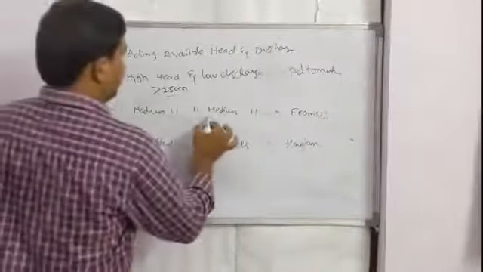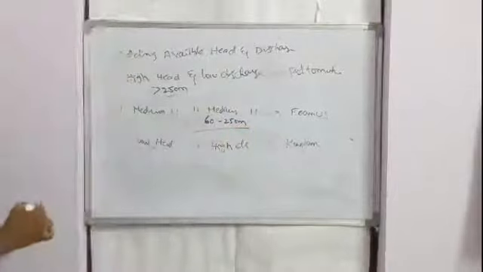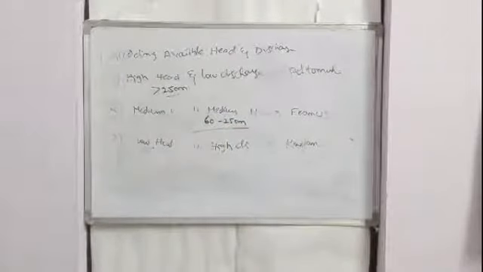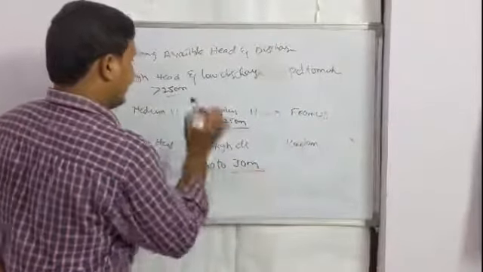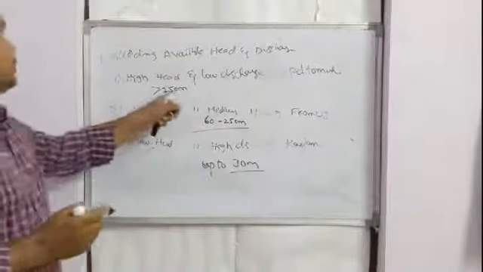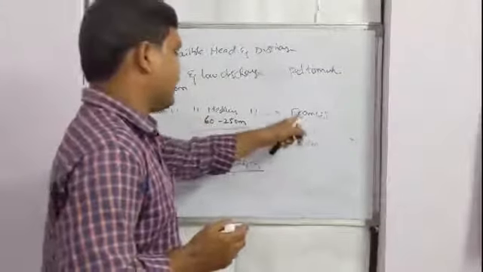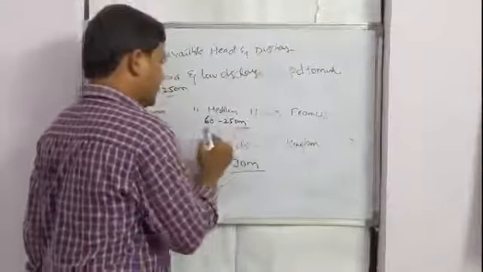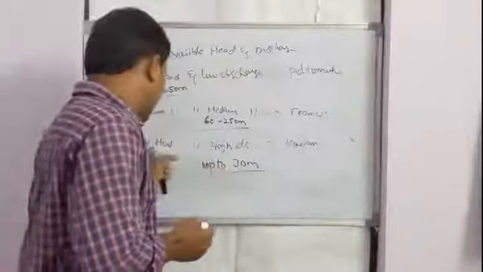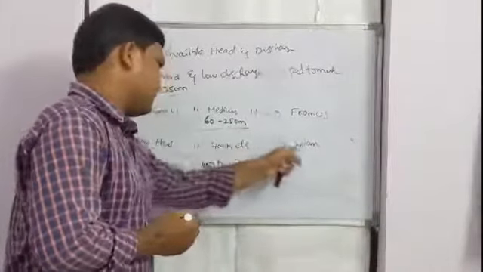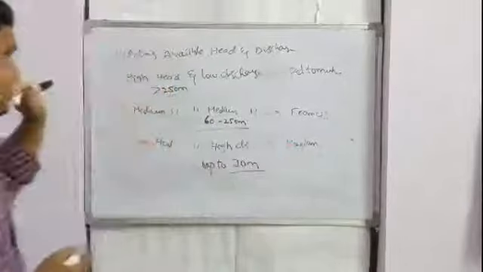For medium head, the head required is 60 to 250 meters, and for low head turbines, up to 30 meters is enough. For a medium head turbine like the Francis turbine, a reservoir height in the range of 60 to 250 meters is required. Low head turbines require high discharge. The example is Kaplan, for which up to 30 meters is enough for construction.